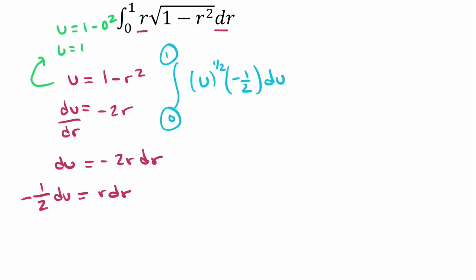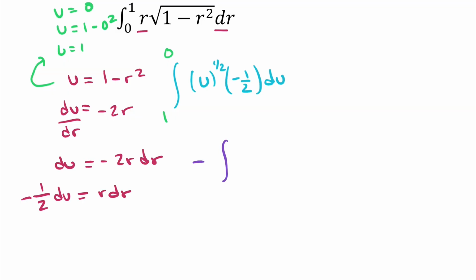I can also say u is equal to 1 minus 1 squared, so u is equal to 0. So wherever I see a 1, I place a 0, and wherever I see a 0, I place a 1. That means I don't need to change anything. I can leave this just in terms of u when I find the antiderivative.